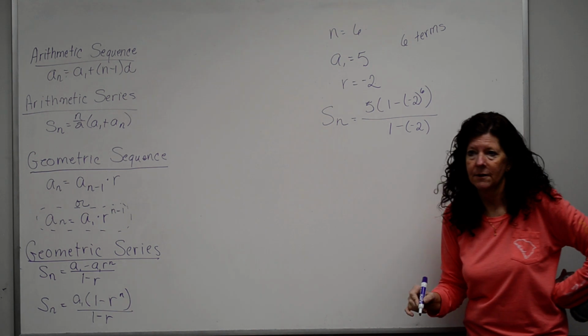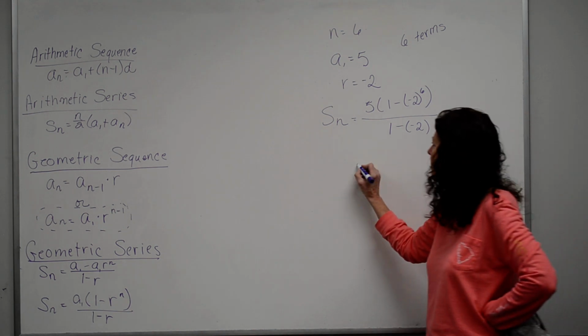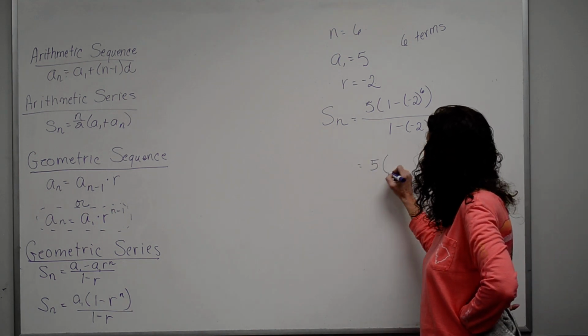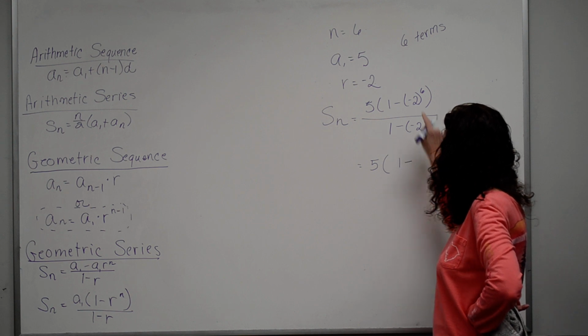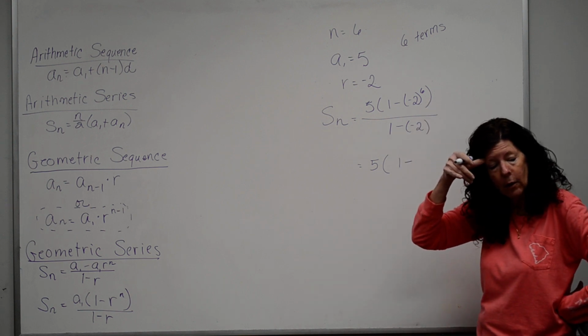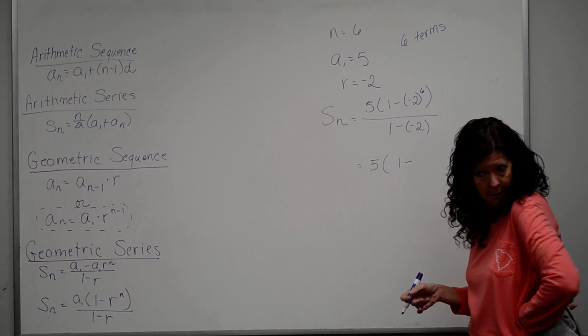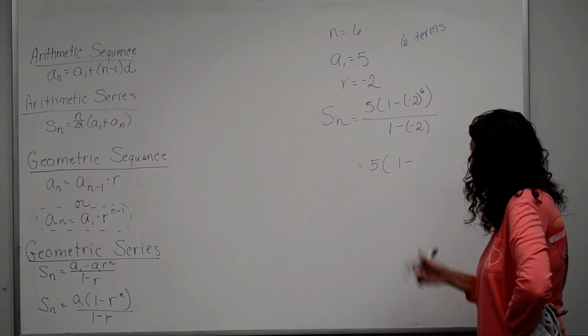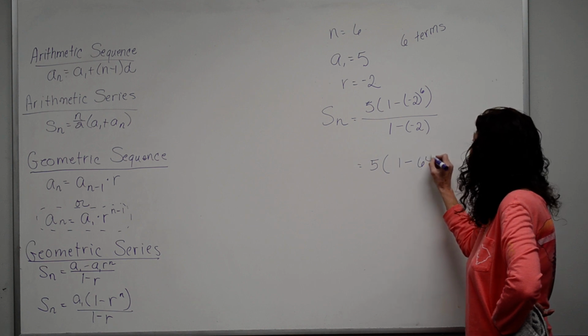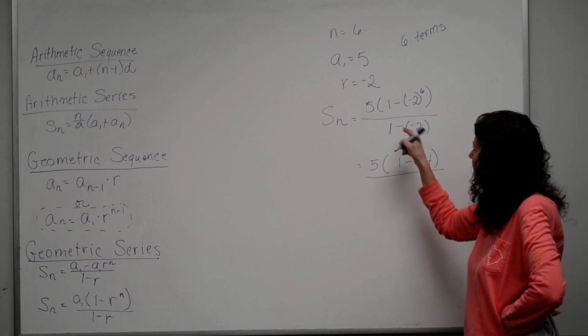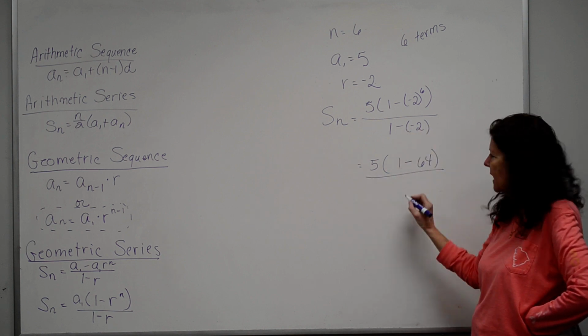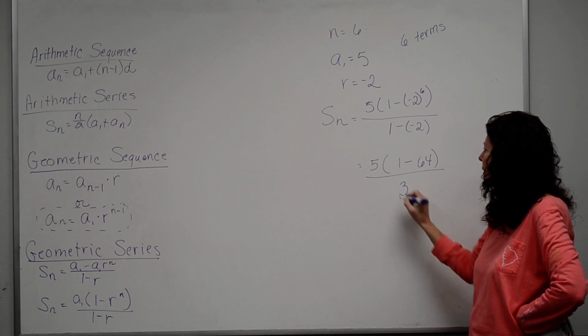Now I've got some negatives here that are going to present a little bit of a problem. So I have 5 times, what is negative 2 raised to the 6th power? Any idea? Make sure you put the negative in parentheses. 64. Okay. So I've got that. I'm going to add the opposite of my second number, so on the bottom, I actually have a 3.